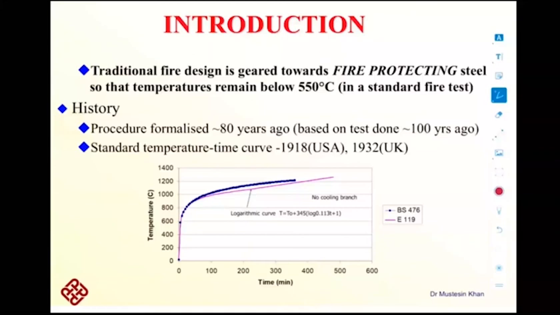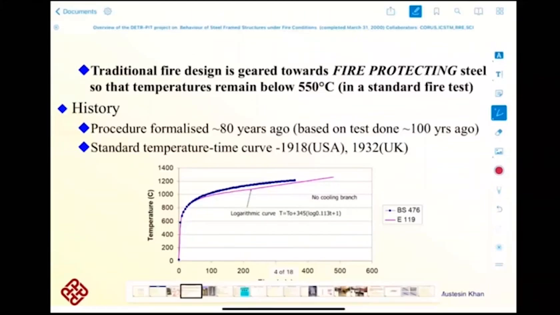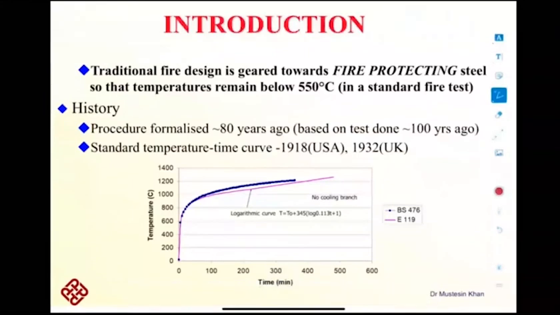And the other disadvantage of this approach, which people are still using, is that when they apply fire to the structural members, they consider that the temperature would vary according to this standard time temperature curve, as you can see here in this slide.